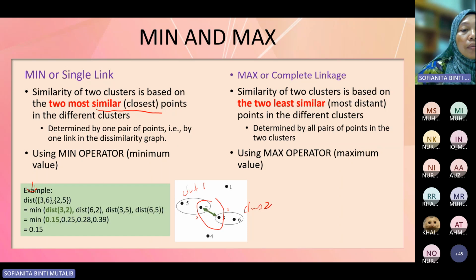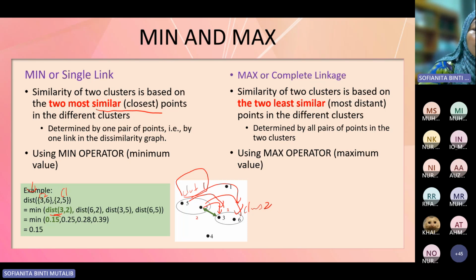So as you see here, what is the distance between these clusters? This is cluster 2, and this is cluster 1. Okay, so the computer needs to check the distance between here and here, here and here, here and here, and here and here. So the distance of 3 and 2, the distance of 6 and 2, the distance of 3 and 5, and 6 and 5.